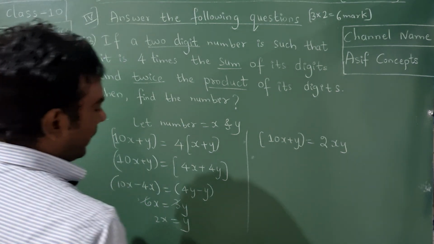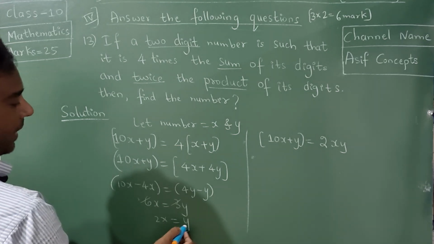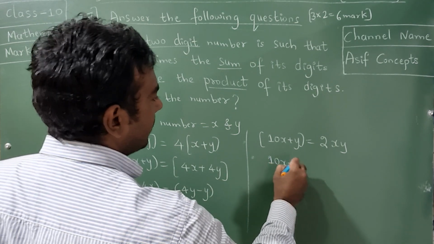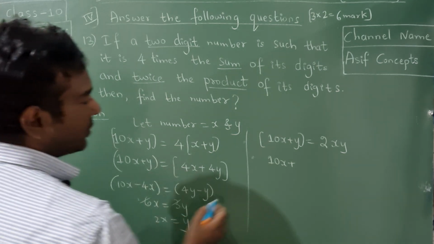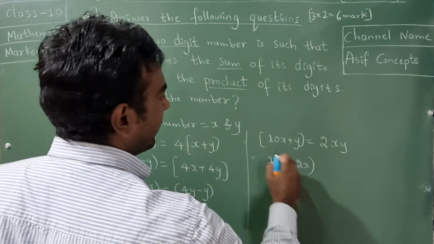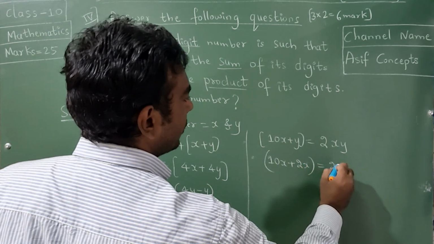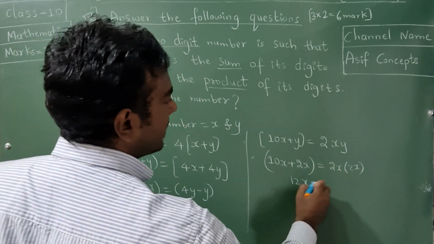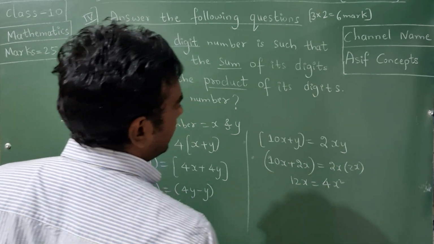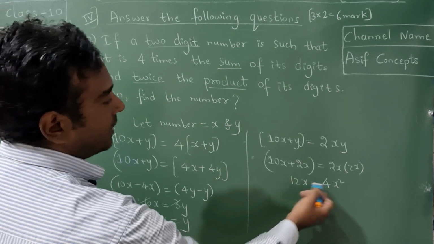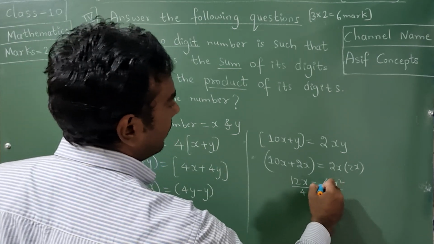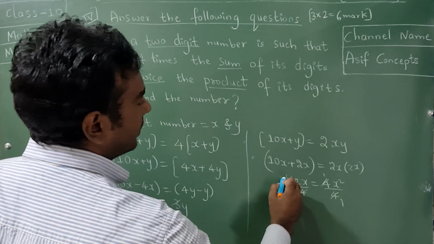Now on this side, in place of y, substitute 2x. So 10x plus, in place of y, I am going to substitute 2x, is equal to 2x times 2x, and this will become 4x square. So this will be 12x equal to 4x square. Now both these are in the same table, so I will divide by 4. 4 1s are 4, 4 3s are 12.